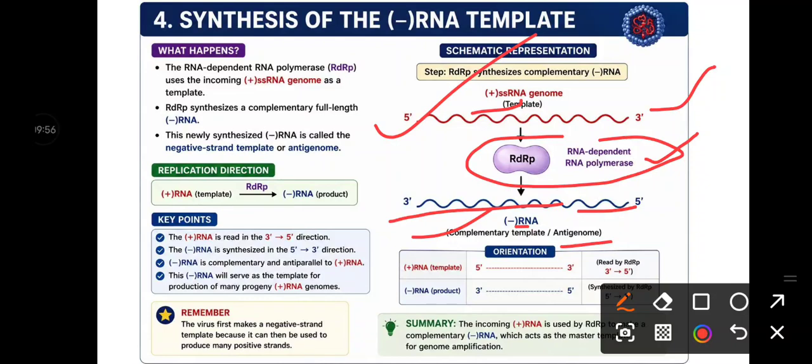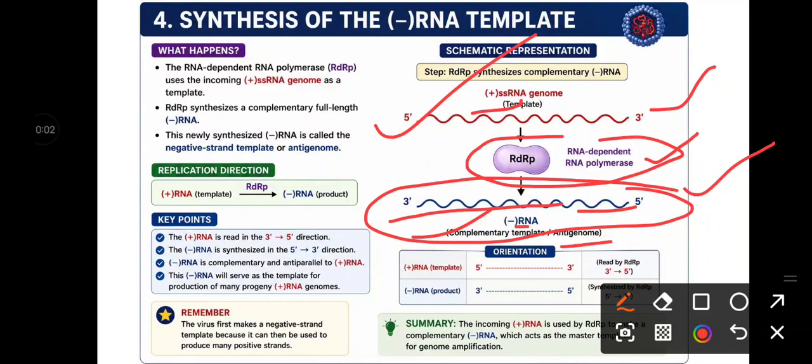This is the most important thing, the antigenome or the negative strand RNA. This now acts as template for multiplication of the positive strand RNA.